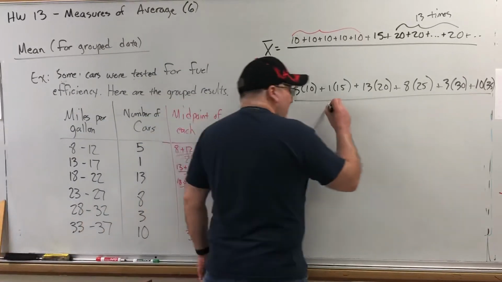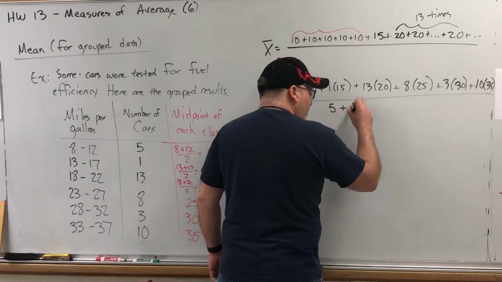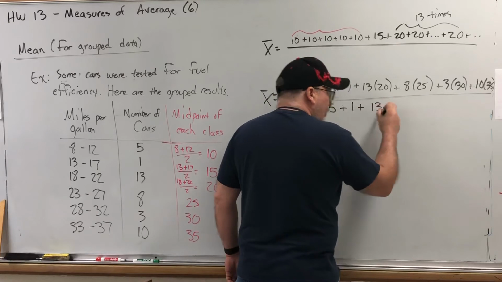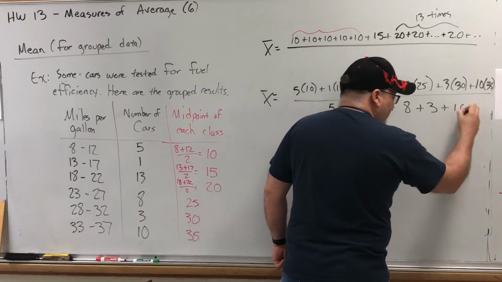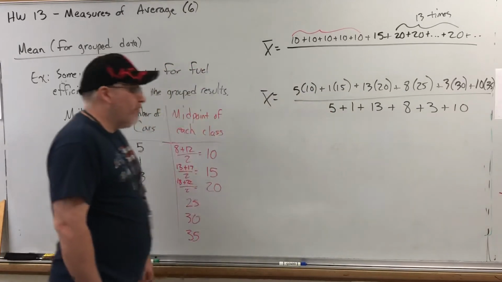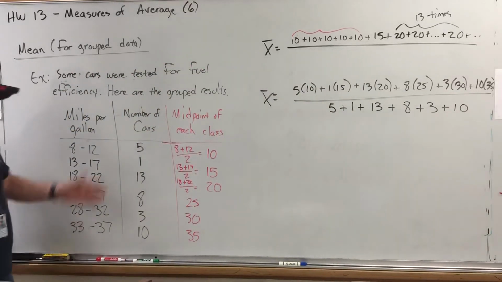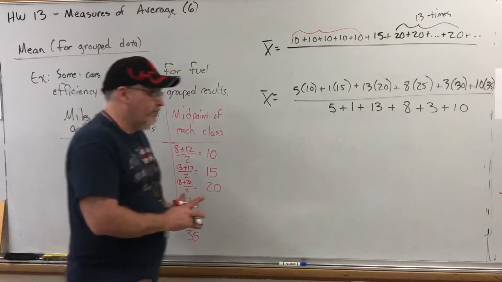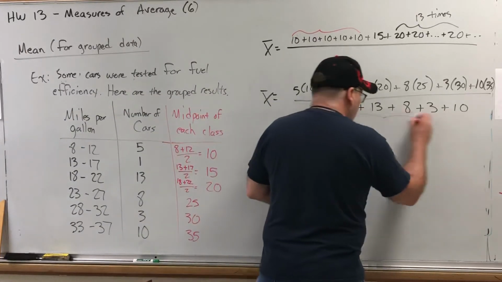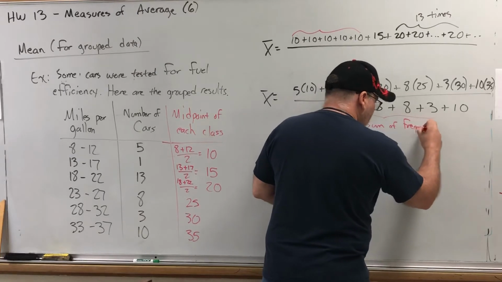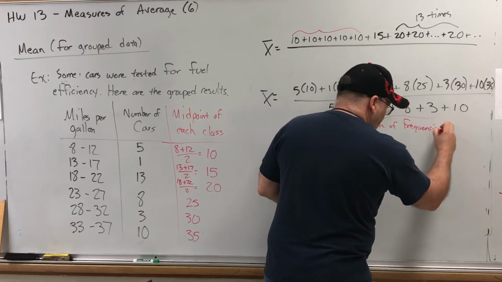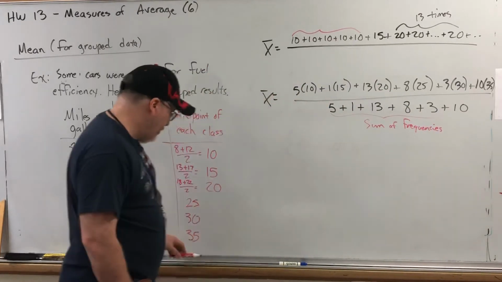We know that there were 5 cars in the first group, 1 in the second, 13 in the third, 8 in the fourth, 3 in the fifth, and 10 in the sixth. So if we weren't told how many cars there were, we could actually just take the sum of the frequencies. And that would tell us how many cars there are.